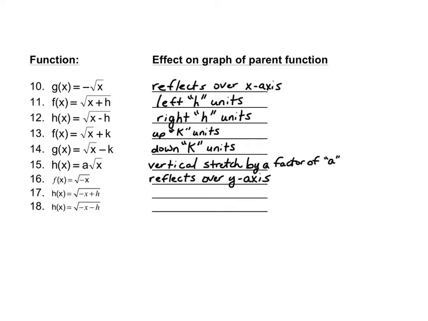And if you have something that looks like this, remember the best thing to do is to factor out your negative. So that's negative x minus h, which would end up being a reflection over y and a right shift.